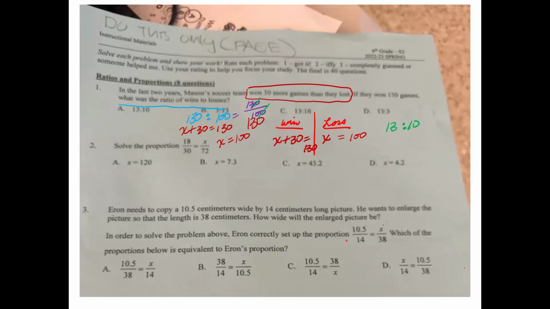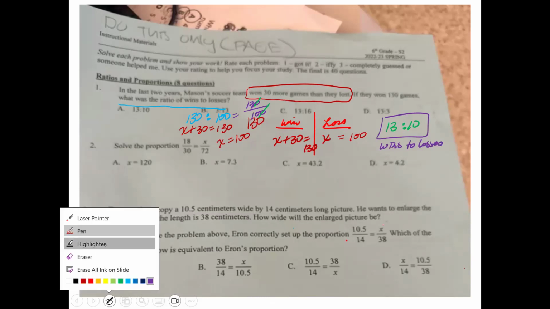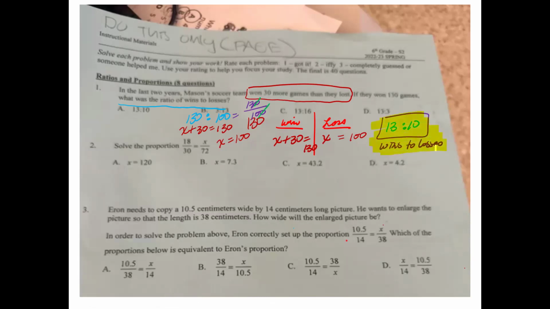Question number 2. Now, first thing I want you to do, make sure you write the answer down. Label it. So whatever I highlight, you highlight as well. Copy that down. When you're ready, read the second question.